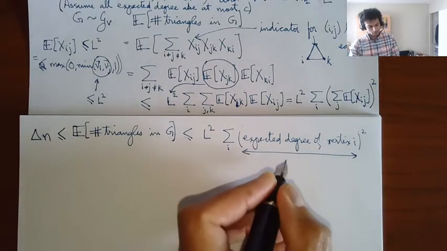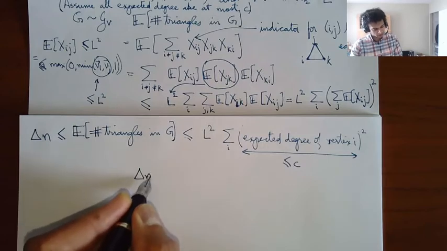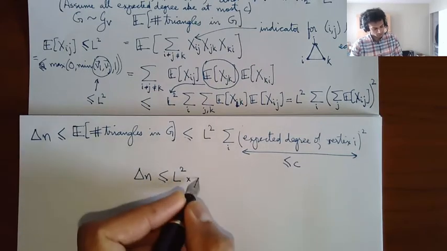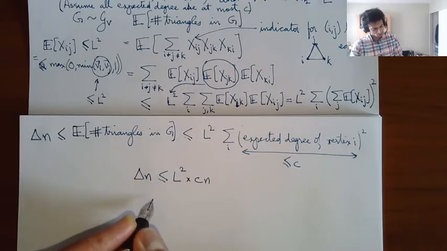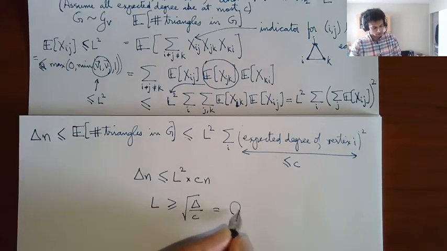This is at most C. So what I get is delta n is less than L squared times Cn, or that L is greater than or equal to root delta over C. These are constants, so really you think of this as omega 1.